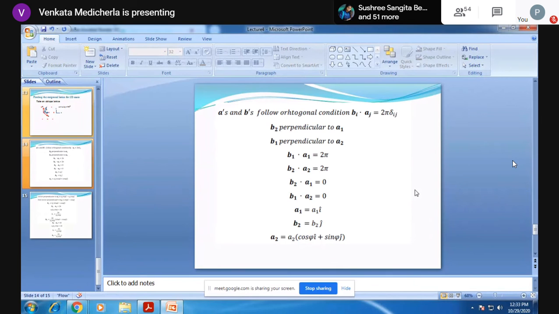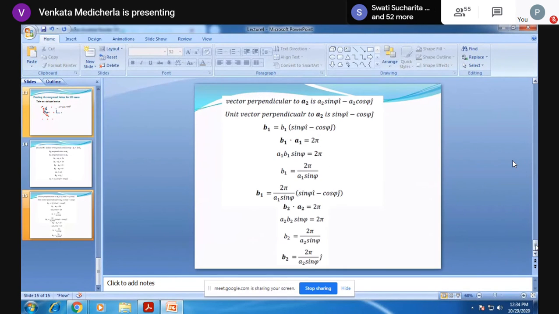For this vector I will write sin phi i cap minus cos phi j cap. That will be the perpendicular vector. Just interchange and put a negative sign. This way you can generate a perpendicular. So the vector perpendicular to A2 is A2 sin phi i cap minus A2 cos phi j cap. You see that cos phi and sin phi are interchanged and there is a negative sign.